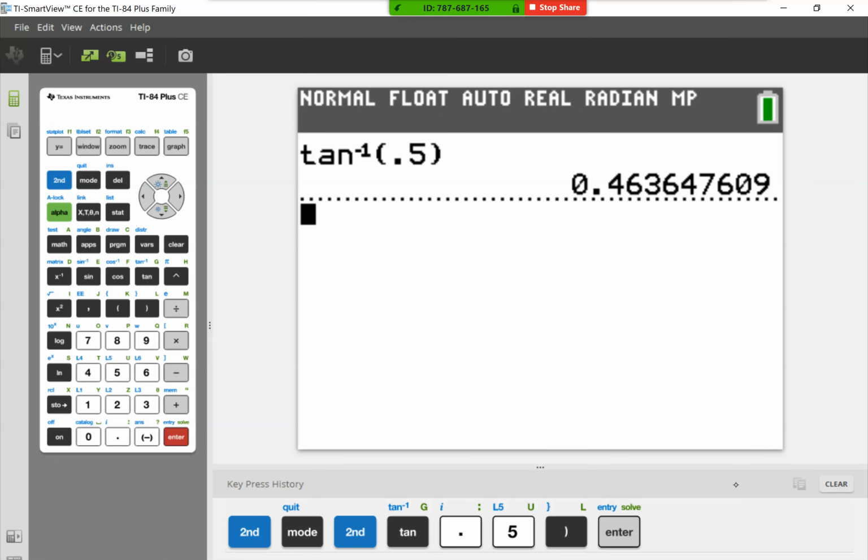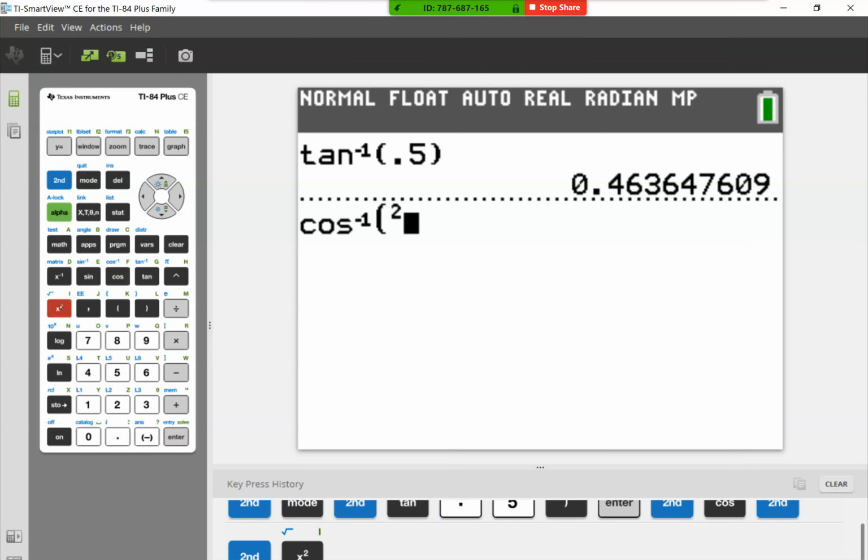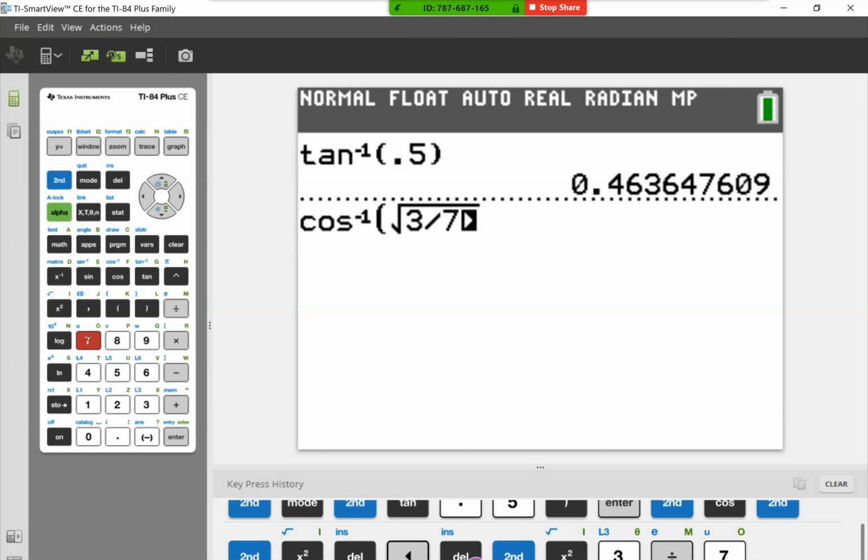To get theta by itself, I'll need to do the inverse cosine. The number on the inside was square root of 3 divided by 7.